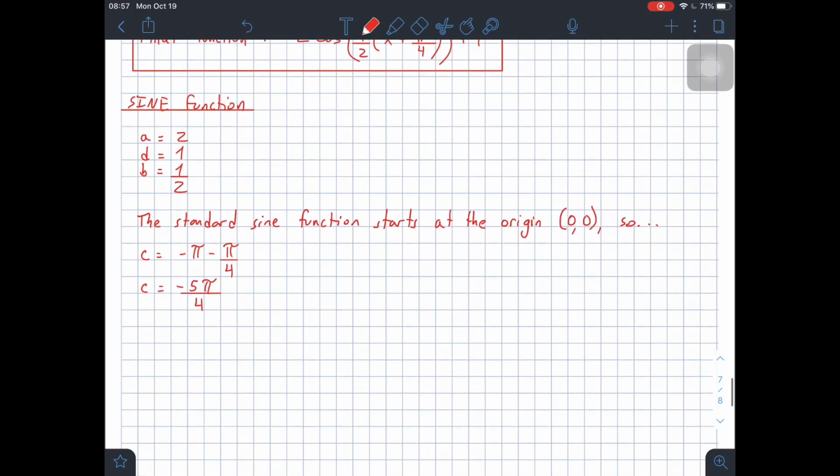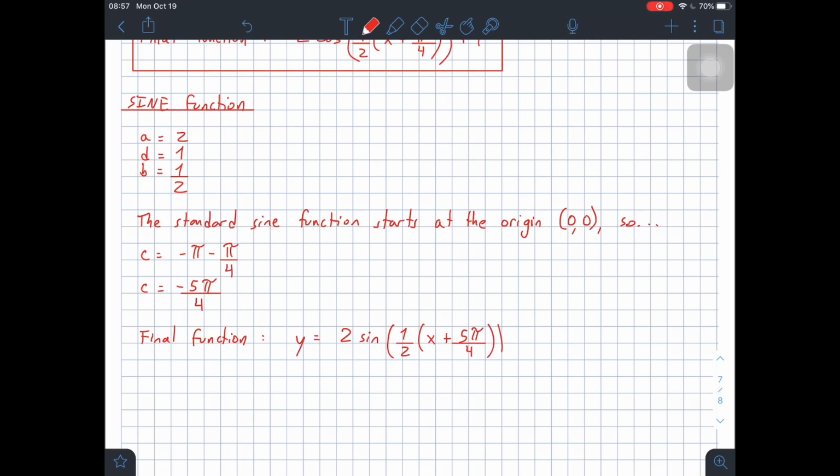So once we have all of the letters, we can write the final function. The final function is y equals 2 times sine of B, which is 1/2, times x plus 5 pi over 4.